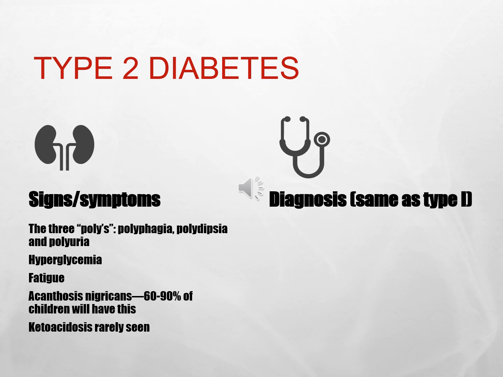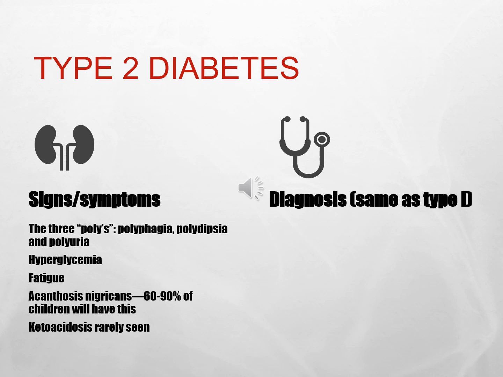So you'll have the 3 polys: polyphagia, polydipsia, and polyuria, hyperglycemia, fatigue, and then you will see a condition, listed here, that about 60 to 90% of children will have, where they have a dark velvety area in their skin folds. It's very prominent. You'll also notice that ketoacidosis is rarely seen with this.